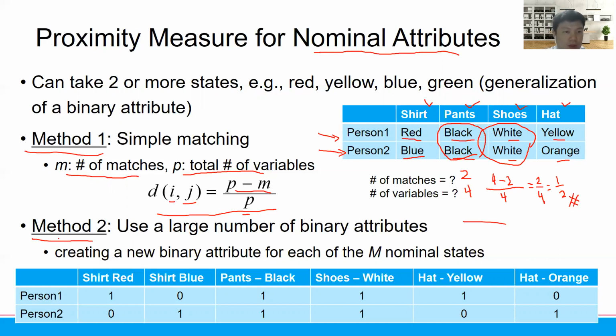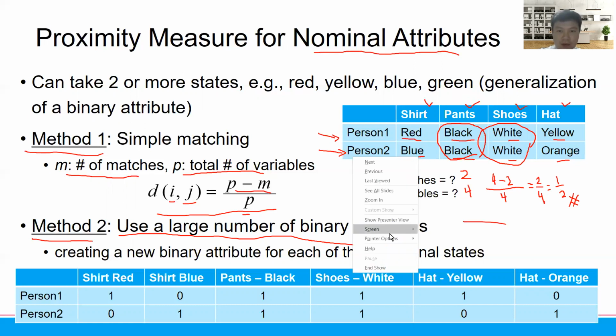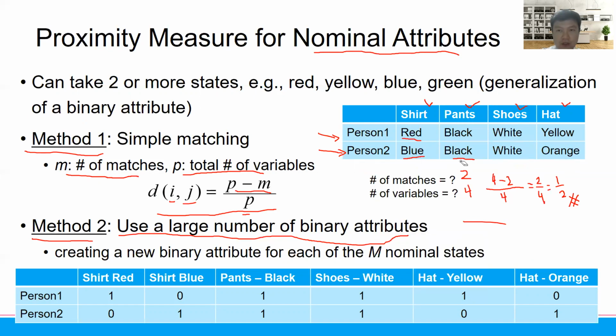Okay, if we want to use the second method, it means we will use a large number of binary attributes. So we need to convert the nominal attributes into binary. How? Let's see. We have the same data here, and we want to change this into binary attributes. It's not that easy, but it's also not that difficult to understand.